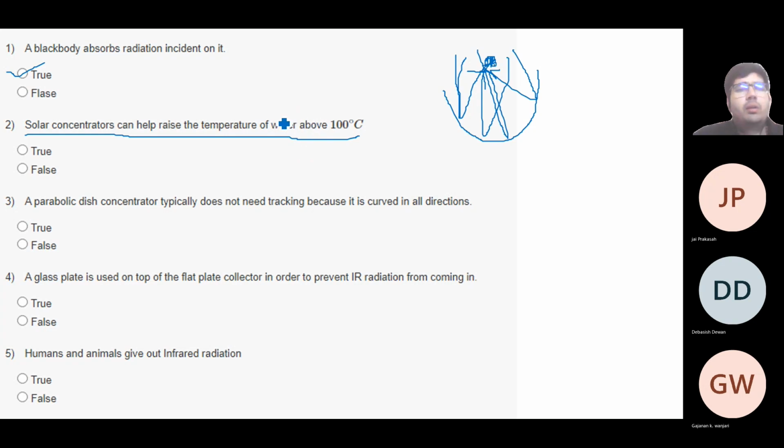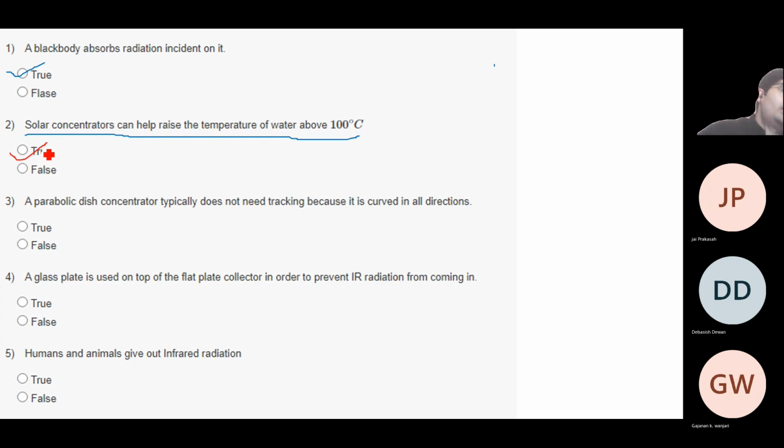The correct option is true: a solar concentrator can help raise the temperature of water above 100 degrees.